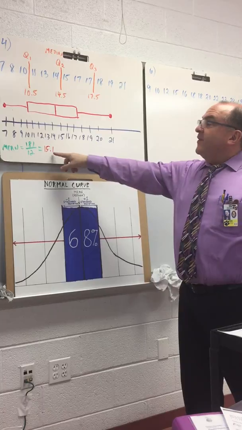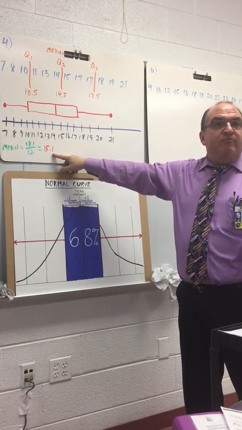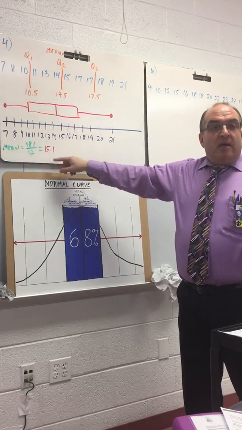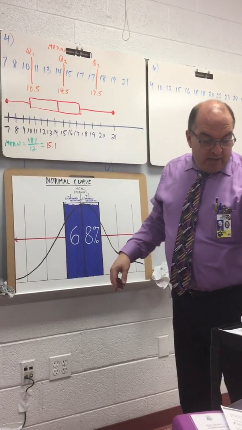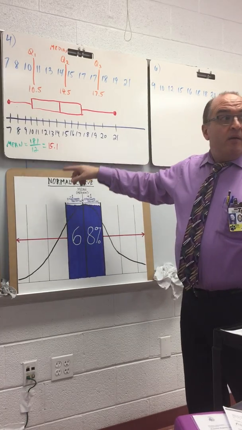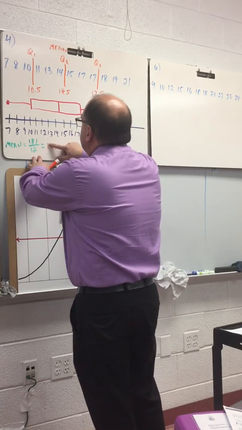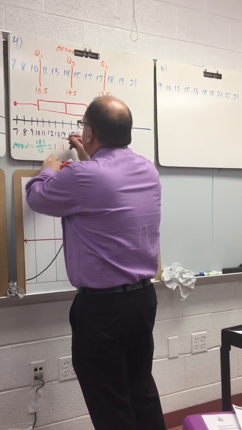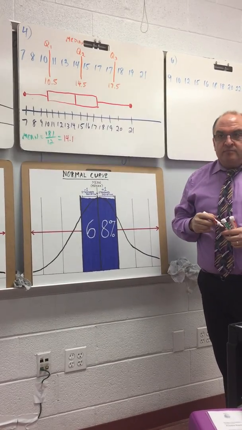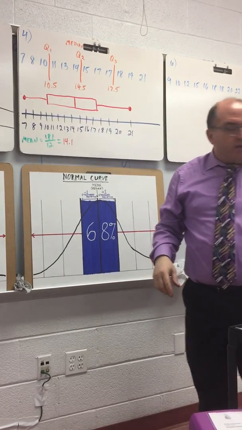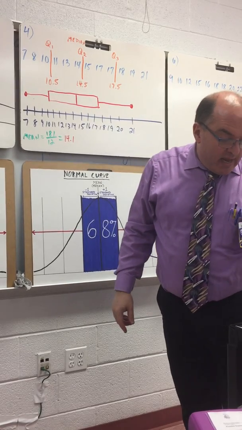If you don't have 15.1 for the mean on number 4, would you write that down, please? Unless you're going to enjoy watching this video later. Okay? I got 14.1. Oh, it was 14.1? Sorry. Fix that. Write 14.1. Did you double check? All right. 14.1.